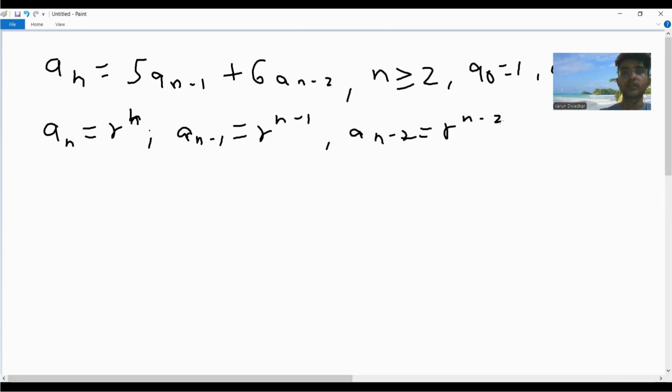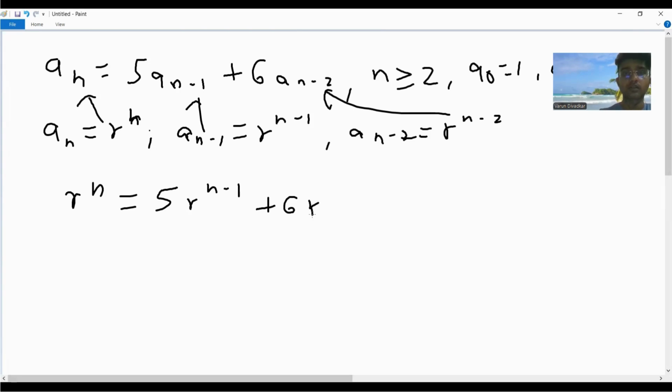We substitute these values here. What you get is r raised to n equals 5r raised to n minus 1 plus 6r raised to n minus 2.